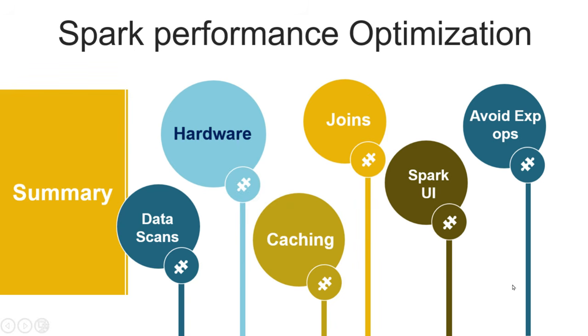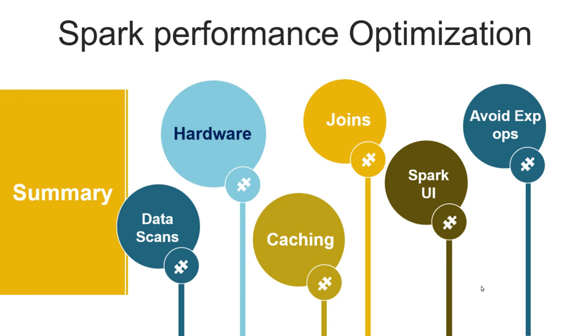Okay, so this is a summarization of whatever we discussed till now. What we need to keep in mind is what data scans we are doing, and how we can reduce them by using partitions, filters, bucketing, partition pruning, all of that.